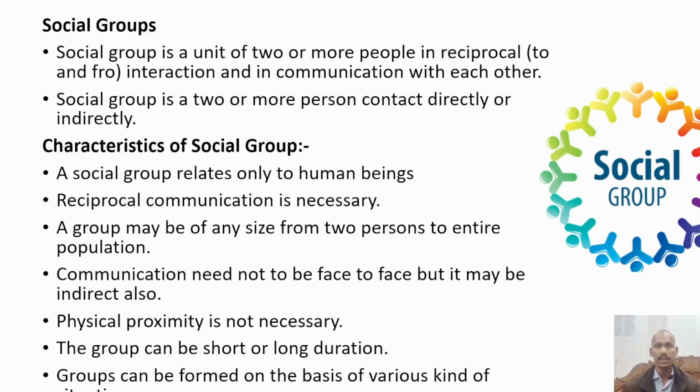But if I am talking on the phone to someone who lives in another house or in another city, that is not proximity. The distance is really far. So proximity means physical presence of two bodies near each other. It is not necessary for the group members to be really near to each other. Even people online can form groups and work for whatever they want to work for.